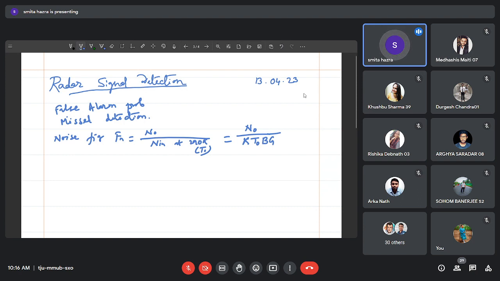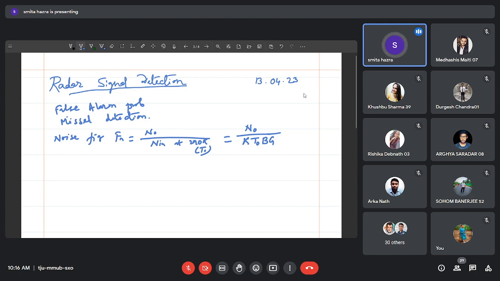So we have to write this as K T B, and to make the contribution lower, we can maintain this at the physical temperature or the ambience temperature of 290 degrees Kelvin by using cooling systems. So if we maintain the cooling system, then the minimum possible temperature is T naught. So K T naught B into G, where G is the available gain of the system.